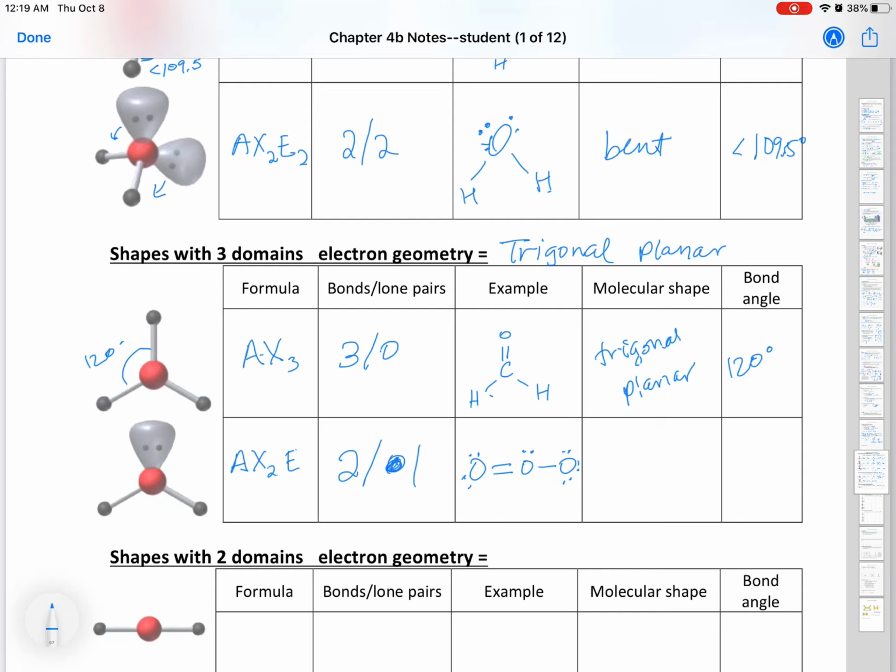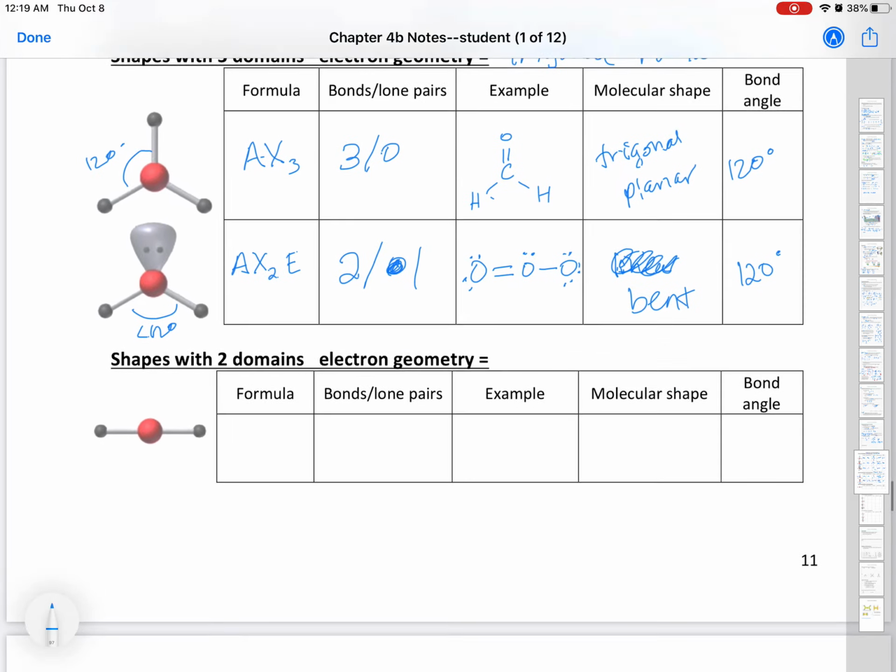The central oxygen has two bonding domains coming out of it, even though it's 3 bonding arms. Remember, a double bond or triple bond still just counts as 1 bonding domain. And this is a linear shape. Nope, sorry, just kidding. It's bent, just like the water molecule. And this bond angle here is slightly less than 120 degrees, because again, that lone pair takes up a little bit more space and repels these bonds a little bit more.